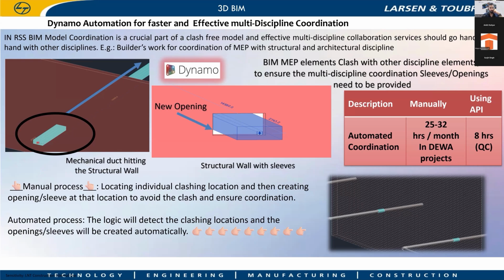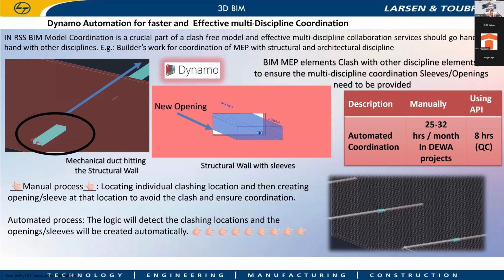We also use some automation with Dynamo scripts at the modeling level. For example, let's have a wall where a duct is passing through the wall. While modeling the wall, by running the script, the script will sense the interface and create the opening accordingly to avoid clashes at the modeling stage. This will help to reduce as many clashes as possible in the clash test.